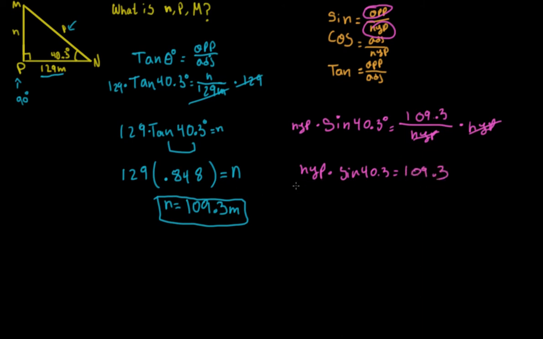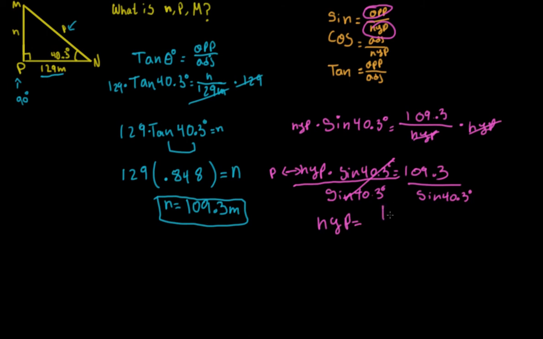Then we're gonna divide both sides of the equation by sine 40.3 degree, right? So these guys cancel right here. So I have hypotenuse alone. Hypotenuse is p right now, so I can write p. They are the same, but I'm gonna leave it like that.